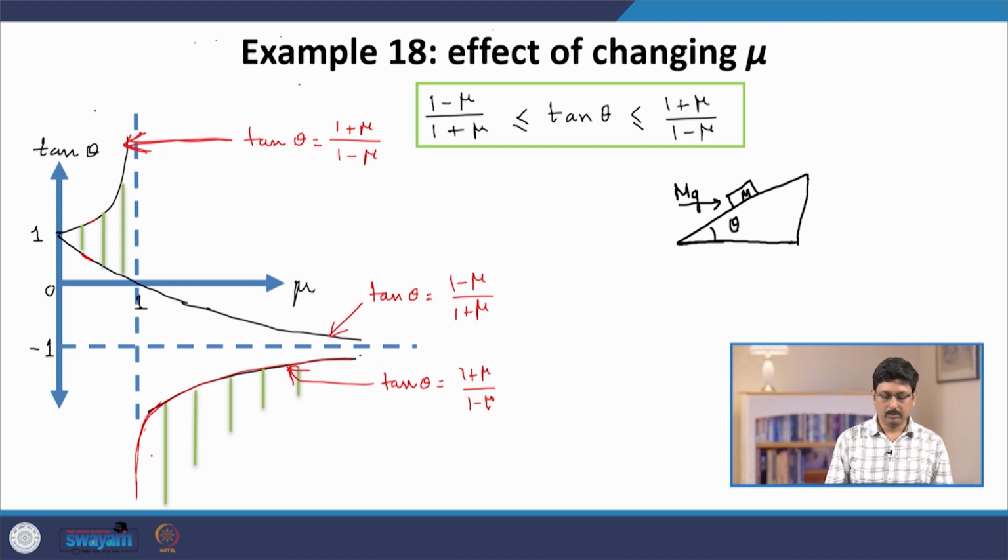When mu equals 1 it again diverges. So, this is the region of allowed values of theta. Now, what happens when mu tends to infinity? We see that this curve approaches the value minus 1, which means tan theta is minus 1, which represents theta being 135 degrees.